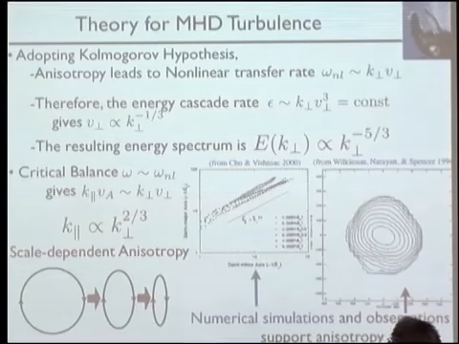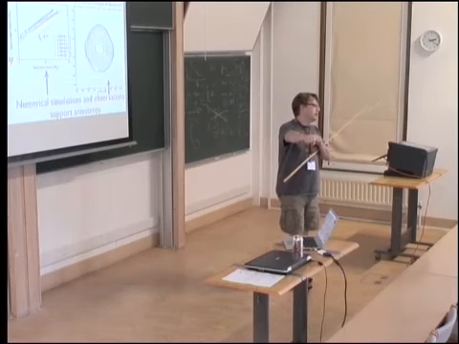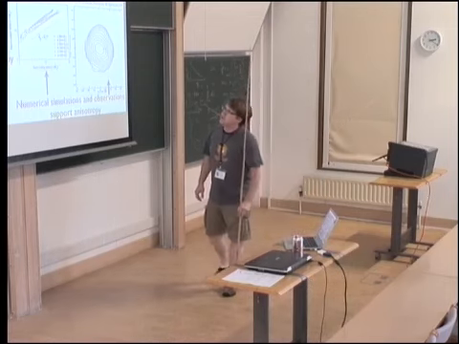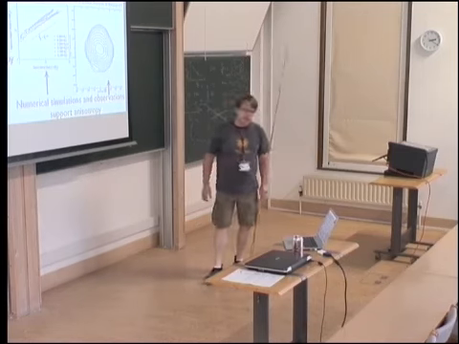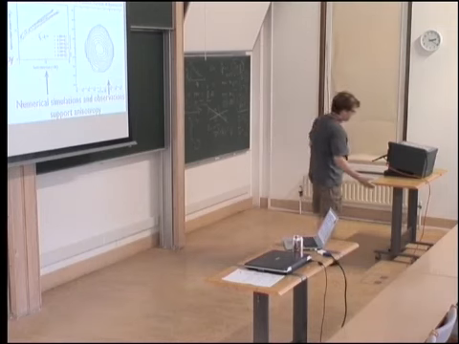And both of these things have been seen in numerical simulations and in observations, that as we look at smaller and smaller scales, the structures are more and more like spaghetti. Very long eddies along the magnetic field with sharper structure perpendicular to the magnetic field. These are the conditions under which Alfvénic turbulence seems to evolve.